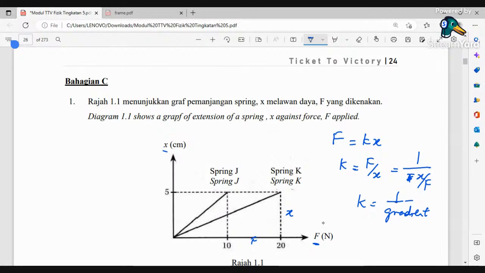Okay, what we can say from here, the higher the gradient, the smaller the value of k. So means J is soft, K is stiffer. But Python graph dah terbalik J less stiff, tidak keras.